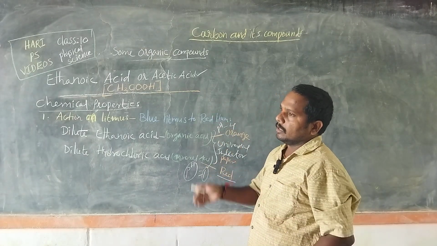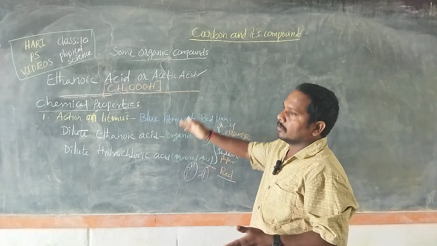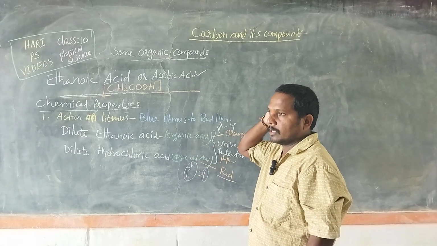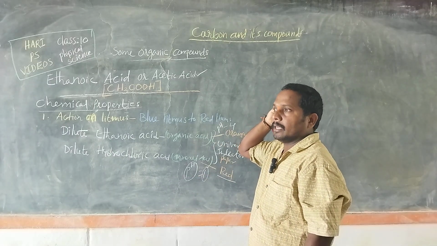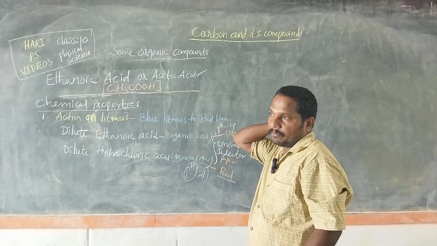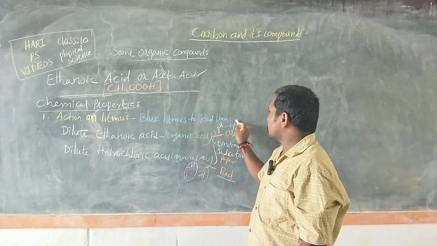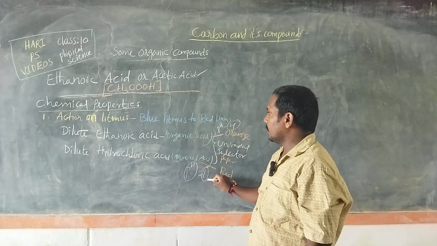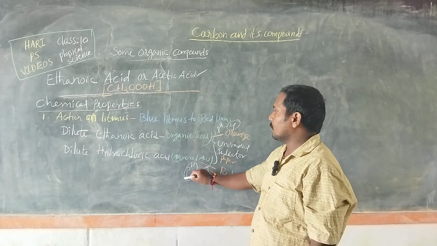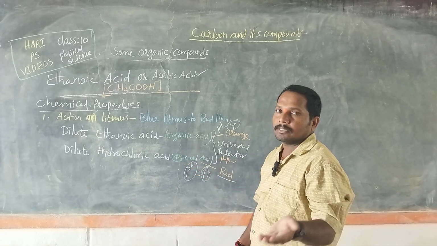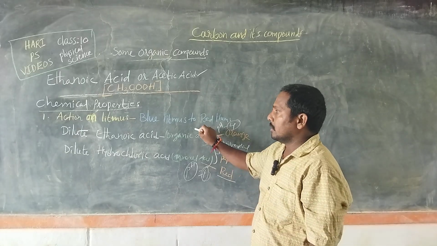In the pH scale, going from 1 upward, the strength of acidity decreases and the strength of basicity increases. Ethanoic acid has pH 4, while dilute hydrochloric acid has pH 1. So hydrochloric acid is a strong acid.